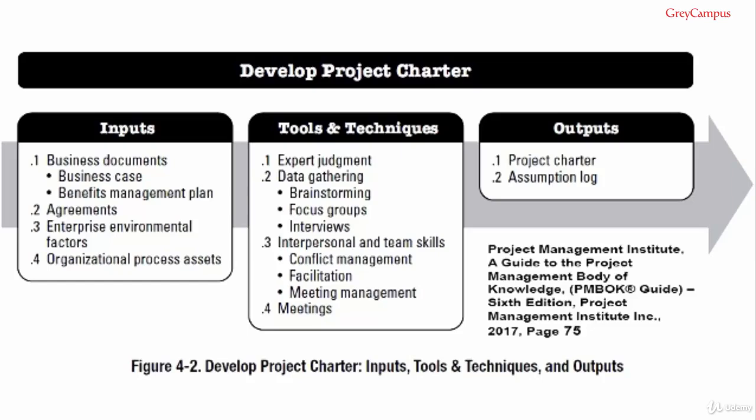In the case of the develop project charter process, we're looking for people with expert knowledge in organizational strategy, benefits management, technical knowledge of the industry and focus area of the project, duration and budget estimation, and risk identification. You are very unlikely to find all this knowledge and experience in one person, and so especially at this early critical stage, you are more likely looking at using a small team to provide the expert judgment.